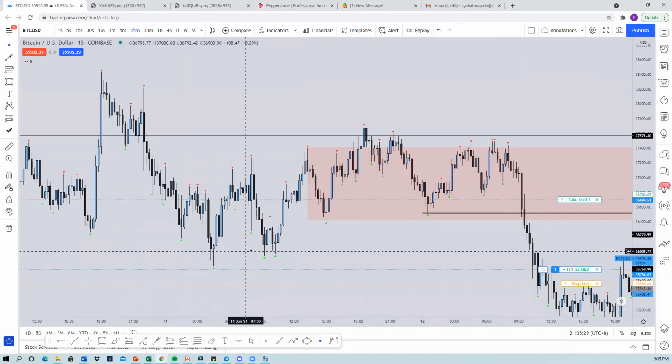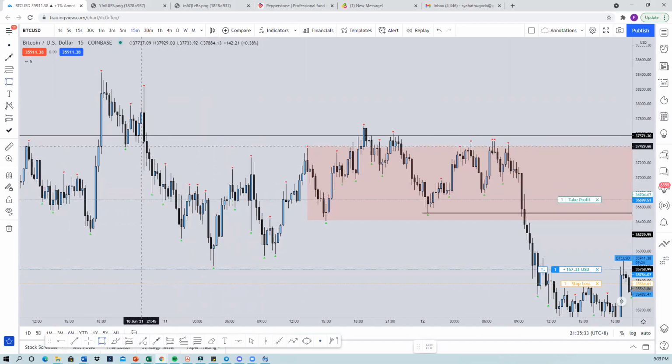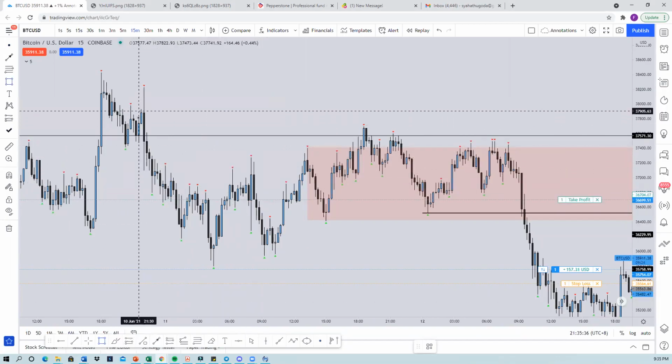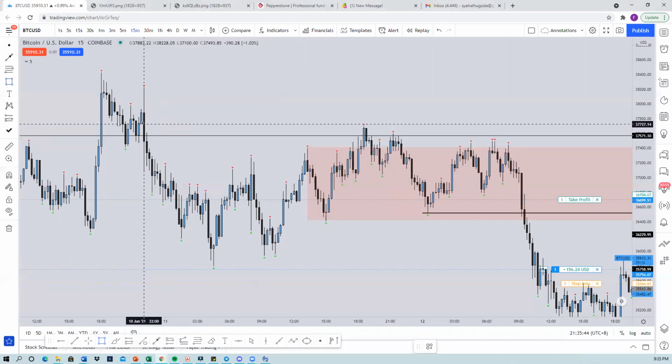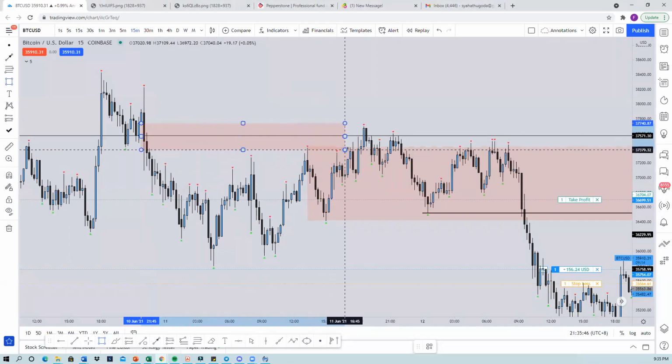Then right over here, you have downside, and now what's the imbalance happening? Imbalance is from here to here, here to here, here to here.